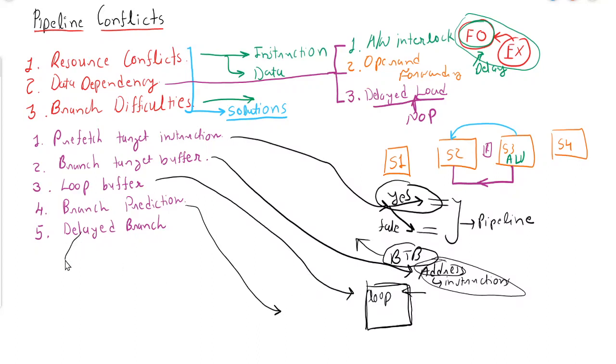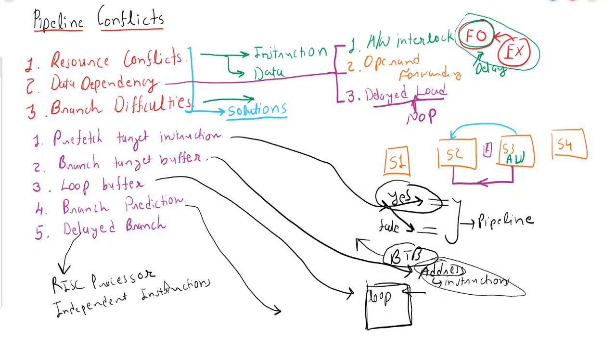Last one is delayed branch. What is delayed branch? Mostly this is used in RISC processors. In this procedure, the compiler will try to detect the branch instruction and rearrange the independent instructions.